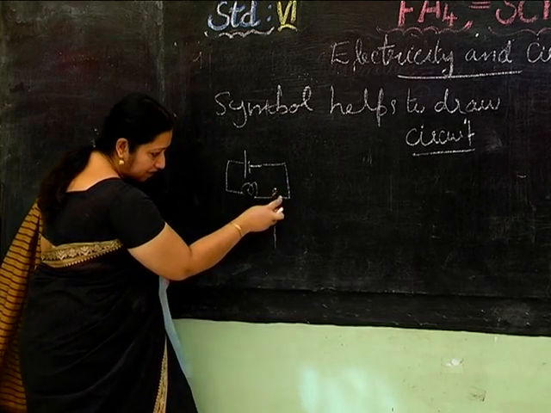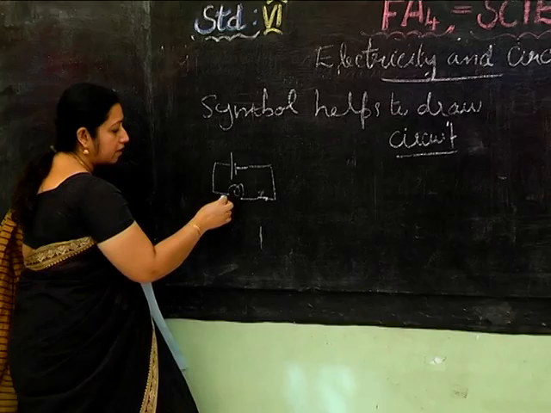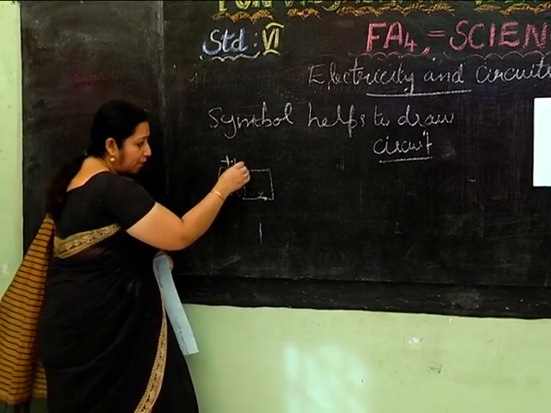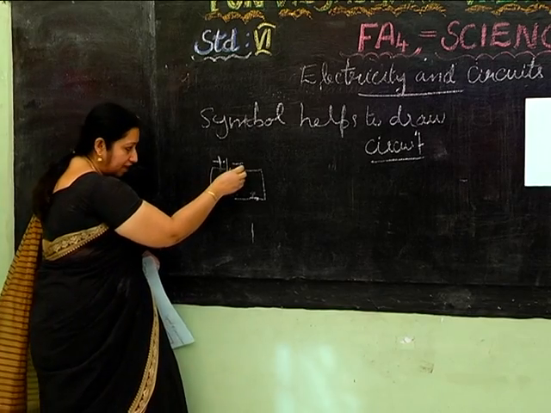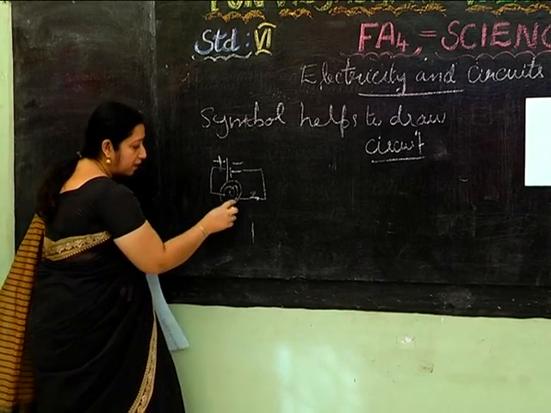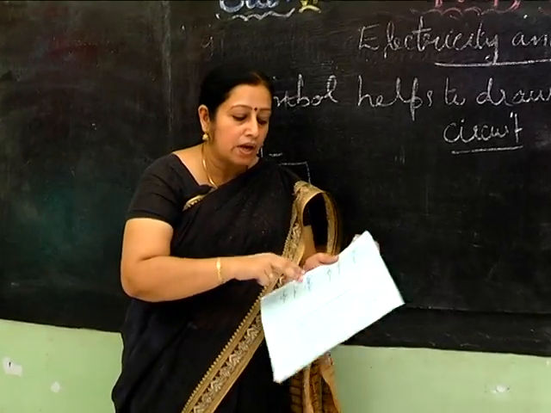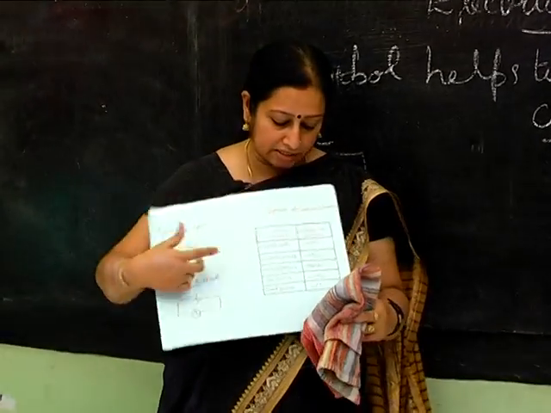So when I press this, both join together and now it starts to glow. This is the cell's positive terminal, whereas this is the negative terminal, and this is the bulb and this is the conducting wire. We have different symbols for each and every thing.